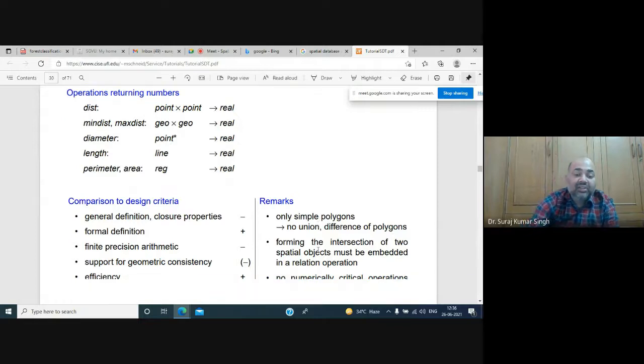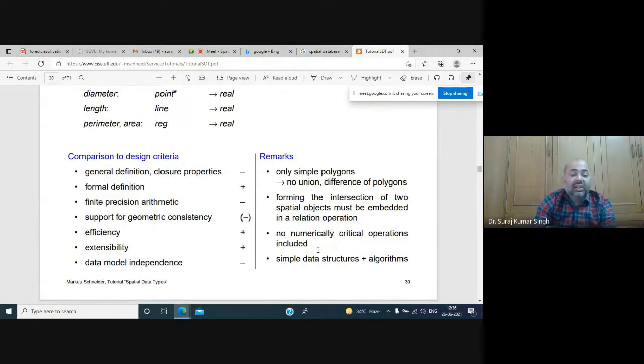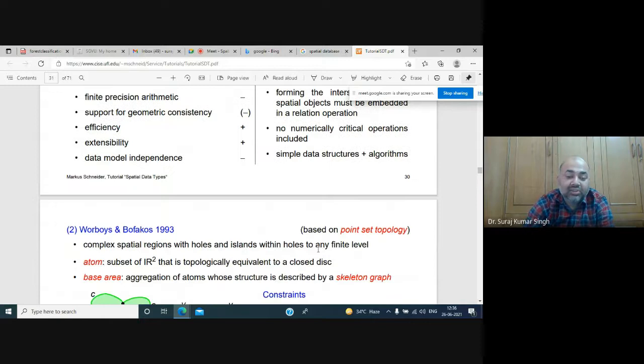So when you are comparing the different kinds of criteria, you have to see the general definition, you have to see the closure properties, then you have to see the formal definitions, finite precision arithmetic, support of geometric consistency, efficiency, extensibility, data model independence, then remarks: only simple polygons, no union, difference of polygons forming the intersection of two spatial objects must be embedded in a relation operation, no numerically critical operations included, simple data structure and algorithms.